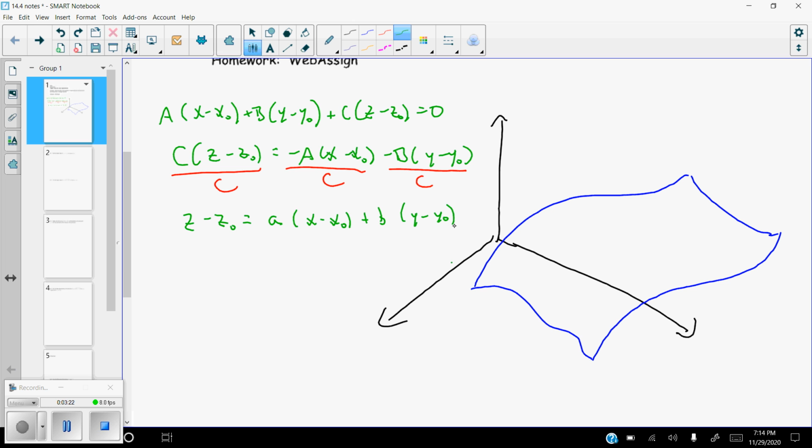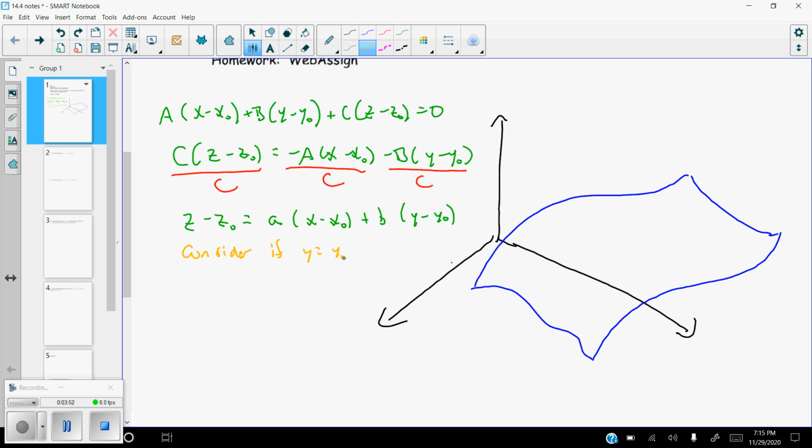All right, so the first thing we want to say is let's consider if y equals y naught. Well, if y equals y naught, obviously the b part is going to go away.